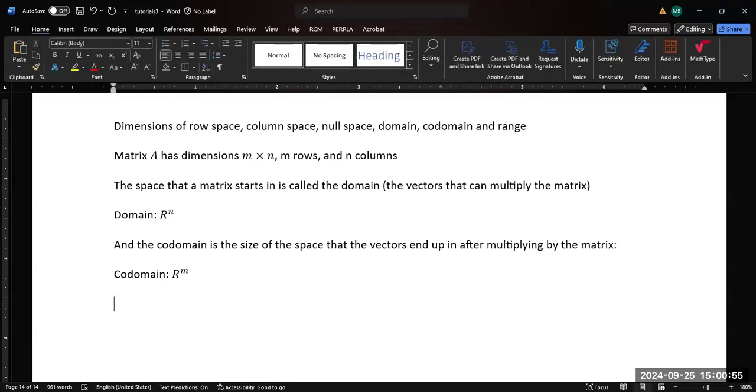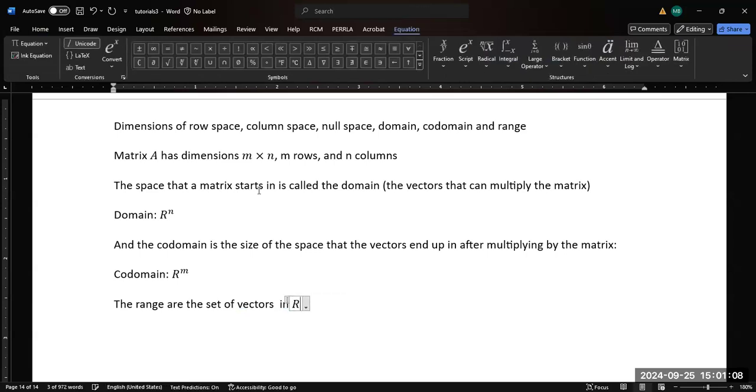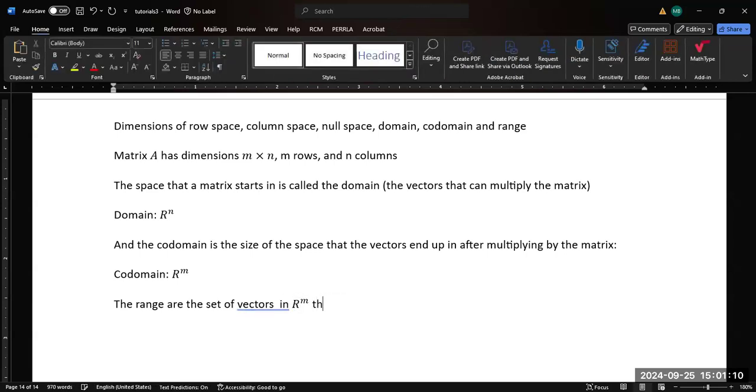Now, how does the codomain differ from the range? The range are the set of vectors in Rm that the matrix can actually project onto.